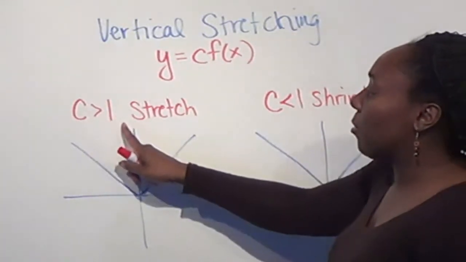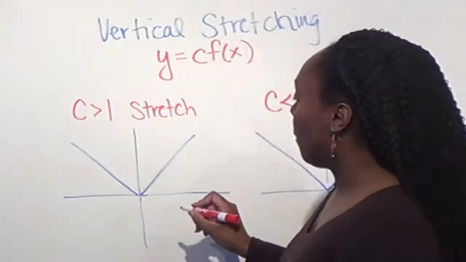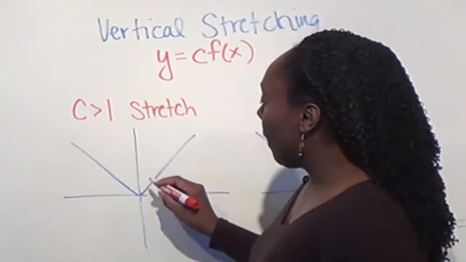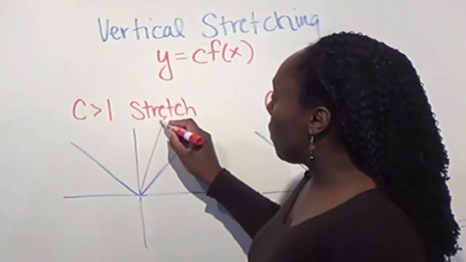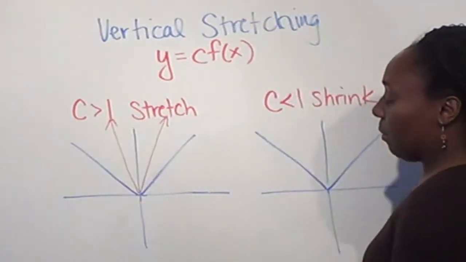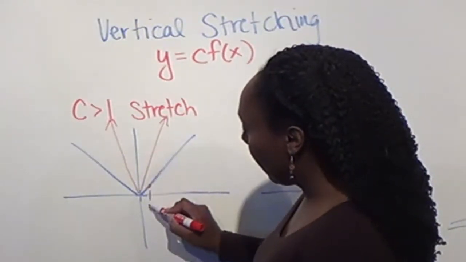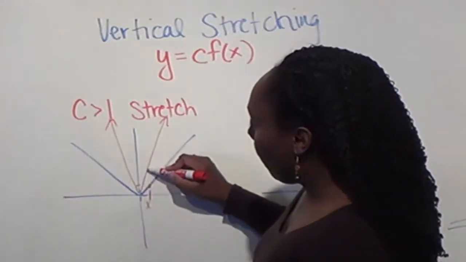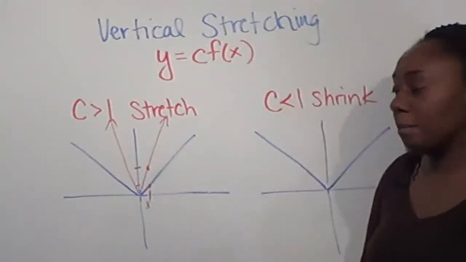So if c is greater than 1, then my stretch is actually going to increase. So in this case, if I'm looking at my curve here and my c is greater than 1, then what happens is it's going to increase quicker for each y value. And the best way to look at this is if I take a y value here, an x value here, and I find the corresponding y value, the value for the stretch should be c units times that.